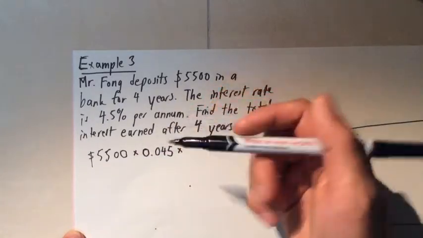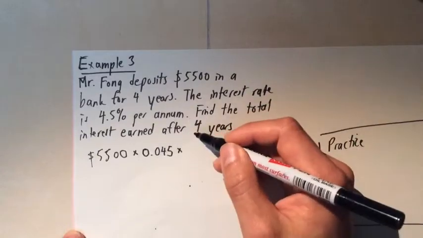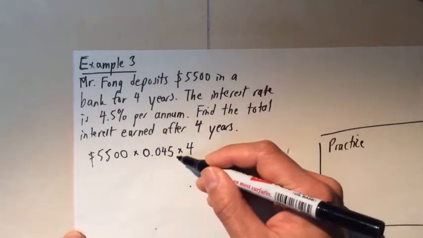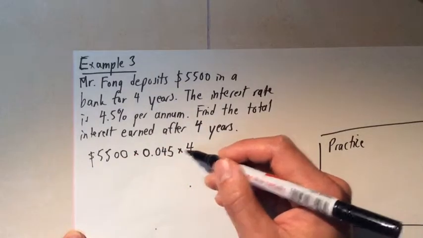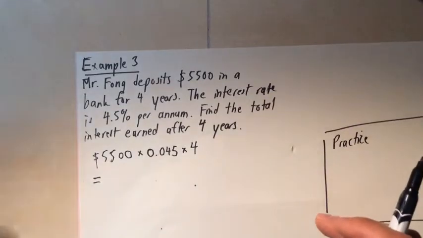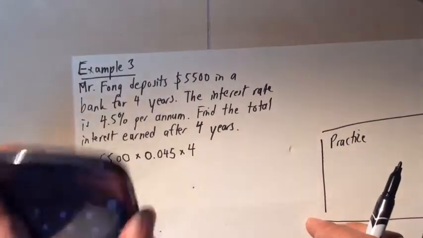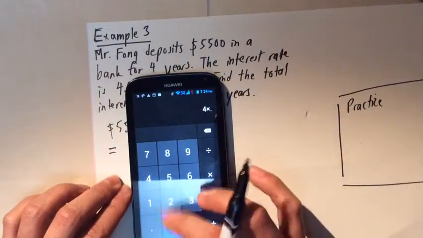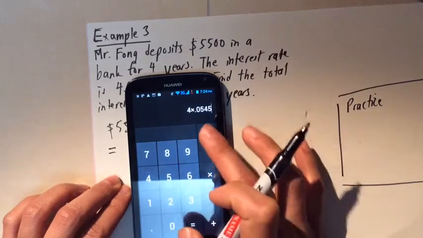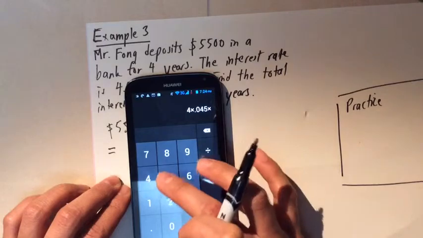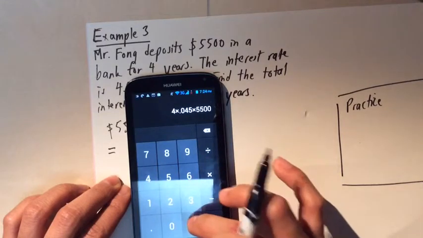Now, how much will you earn after 4 years? Very simple. We just multiply it by 4 because this is the interest per year. So after 4 years, it will be 4 times that. So we take out our trusty calculator. 4 times 0.045 times 5,500.